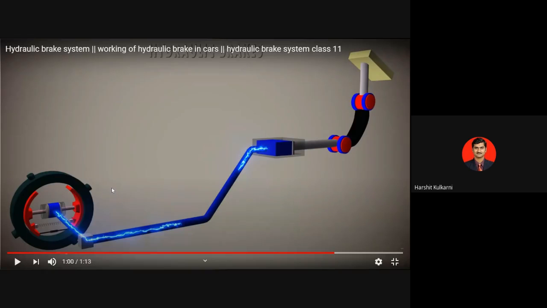The moment you release that brake pedal, those two pistons will come back to the position. How will they come back? Because of the spring that is present here. It means it is a single acting hydraulic cylinder which has an extension by the fluid that will pressurize it to move ahead and apply the brakes, and the retraction is controlled by spring. So it is a single acting spring retracted cylinder. That is how it works.